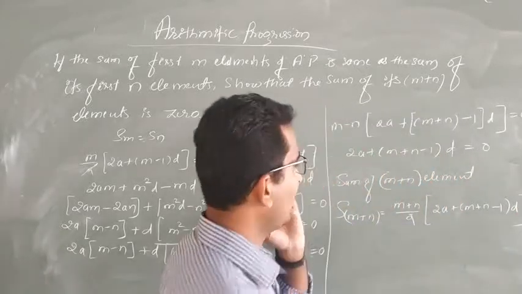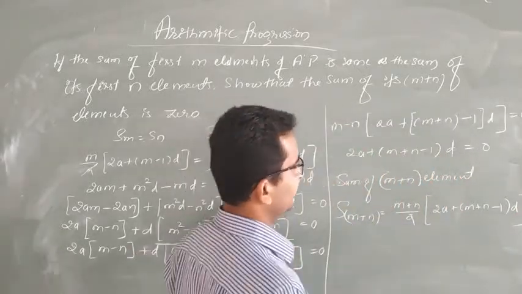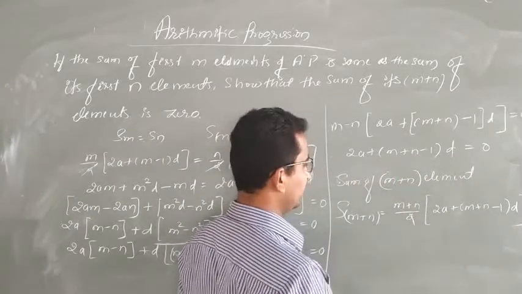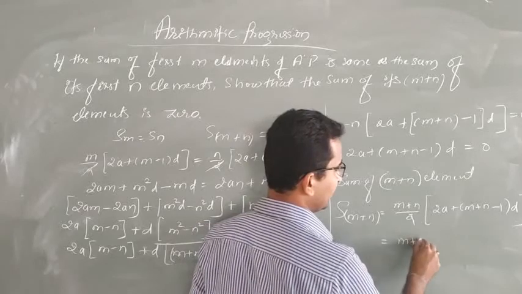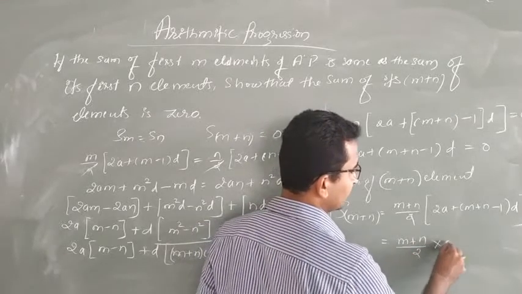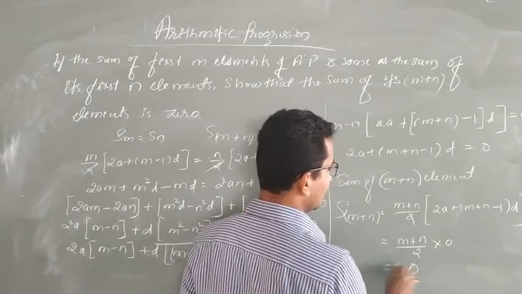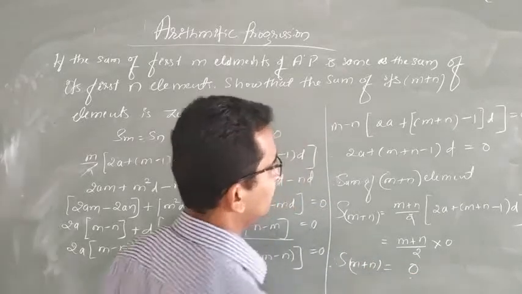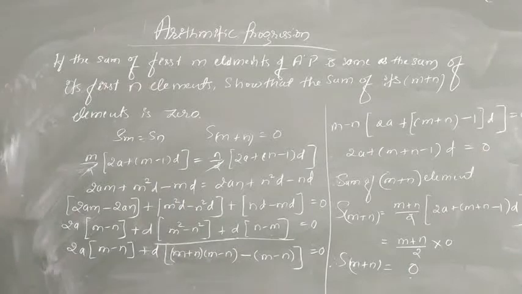We already know that 2a plus m plus n minus 1 into d is 0. Therefore m plus n divided by 2 into 0 is again 0. Therefore the sum of m plus n elements has the value 0.